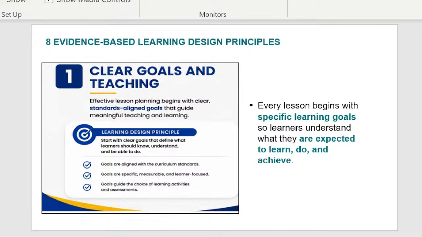So it should be that the objectives are aligned to the standards, to the budget of work, the competencies in the budget of work.